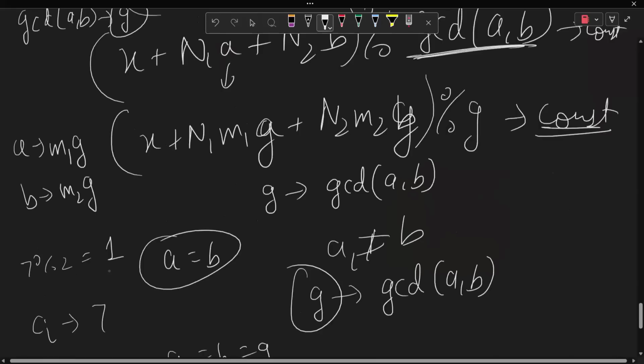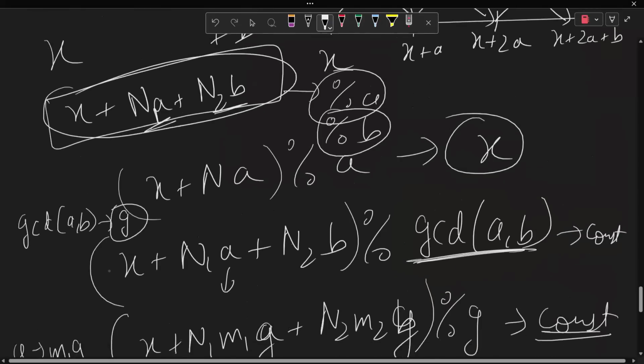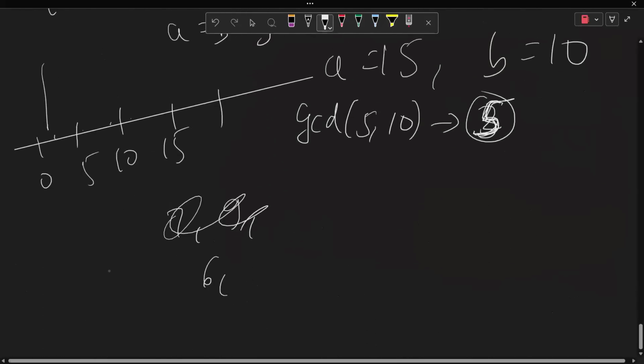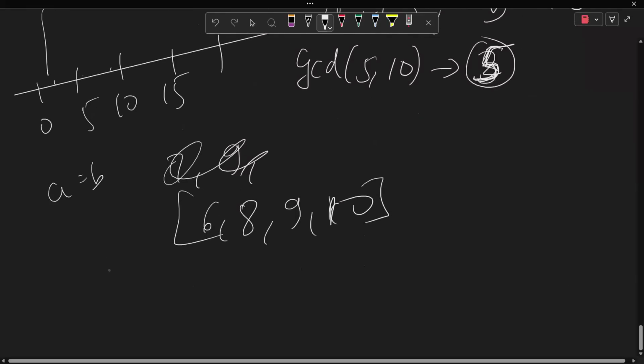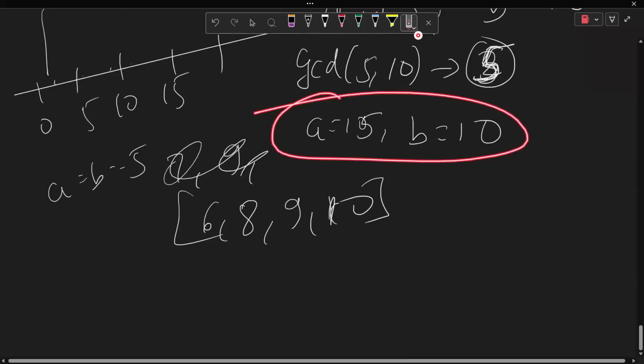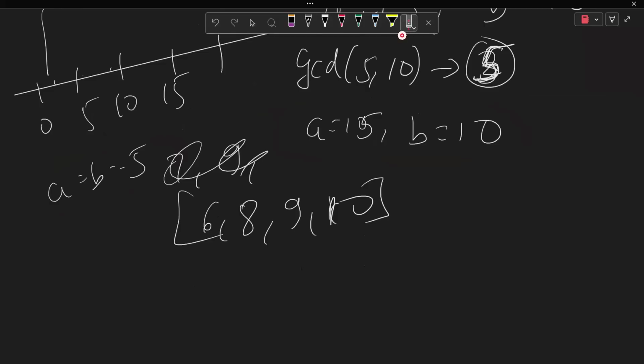Let's say you had the numbers 6, 8, 9, 10. Now, instead of giving A equal to B equal to 5, I gave you A equal to 15 and B equal to 10. What I'm saying is that this is equivalent to giving A equal to B equal to 5. Why? Because you can bring them into a range of 5.